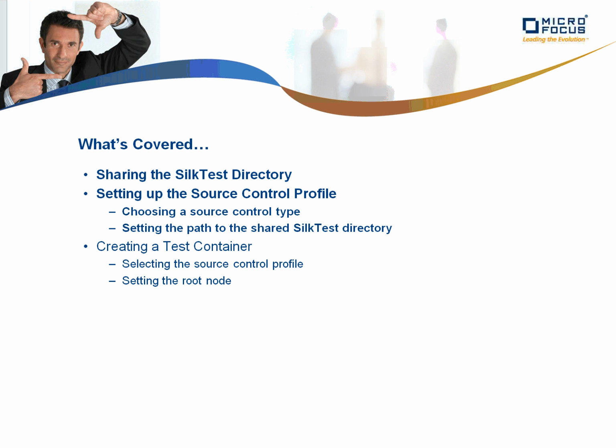In this example, I shared out the entire SilkTest projects folder, which means every SilkTest project I have is included in this SilkTest profile. In SilkCentral, when you push tests out to run on different execution servers, by default, it will push everything from the root node to those execution servers, so you'll have all the assets needed to run your tests. For this particular project in SilkCentral and for this container, I'm only going to be working on one SilkTest project.